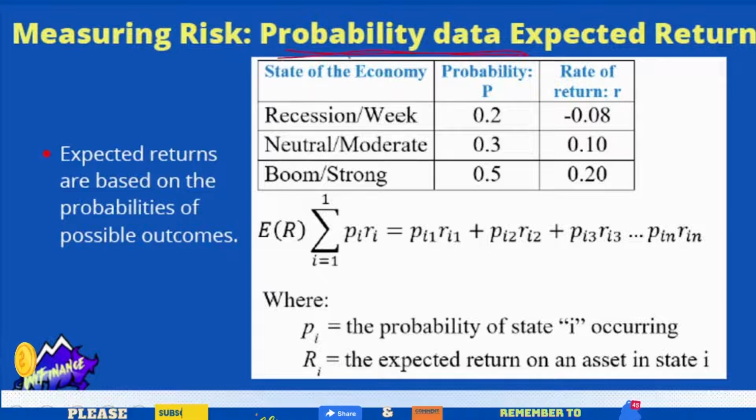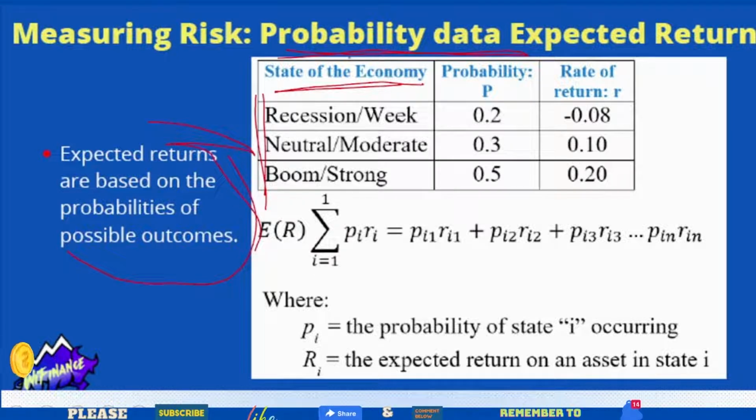This means that you consider some principle in the economy that may occur going forward, then make a judgment as to the likelihood of the occurrence of each of these economic situations.